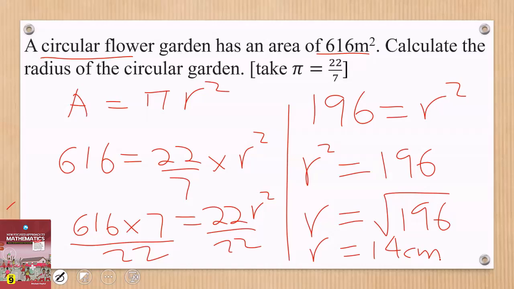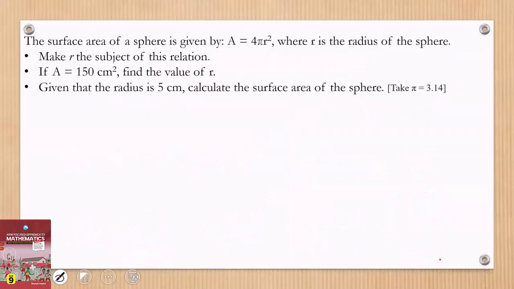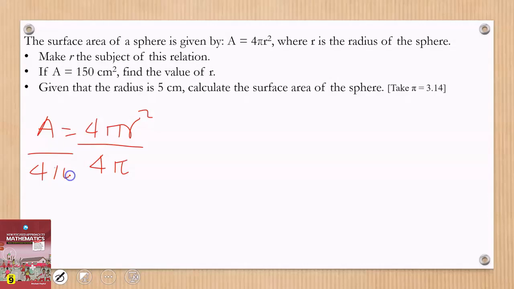Let's take the last example. The surface area of a sphere is given by A is equal to 4 pi r squared, where r is the radius of the sphere. We want to make r the subject of this relation. So to make r the subject, since there is no addition or subtraction in the 4 pi r squared, all we can do is divide both sides by 4 pi.